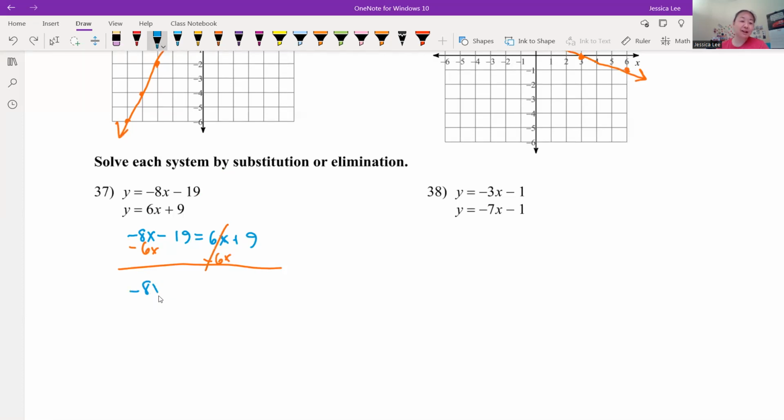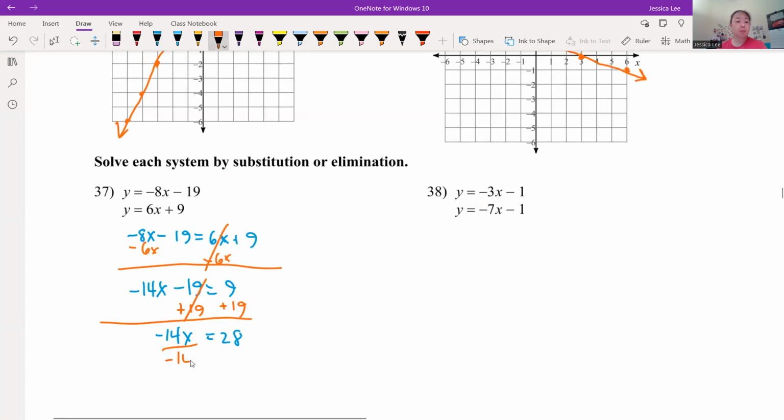I said negative 14 and I wrote 8. Negative 14x minus 19 is equal to 9. All right, and then we're going to add 19 to both sides. And we have negative 14x is equal to 28.